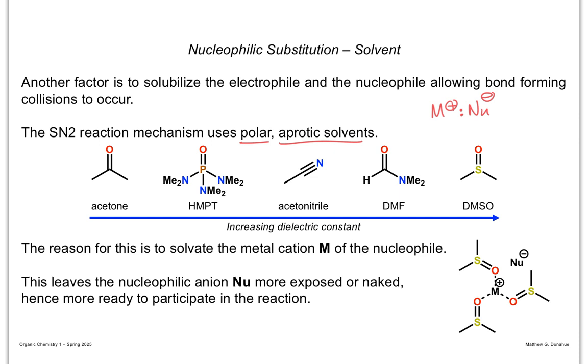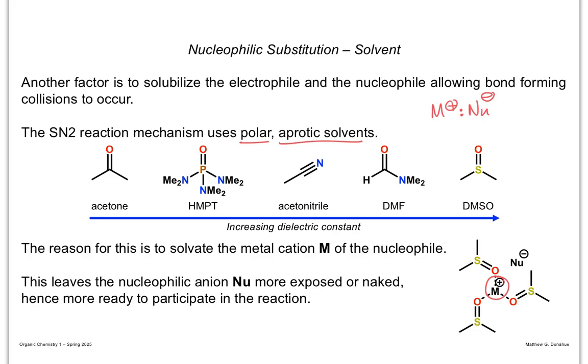As shown in the little picture here, the metal cation can get solvated by solvent molecules through non-covalent or electrostatic interactions.